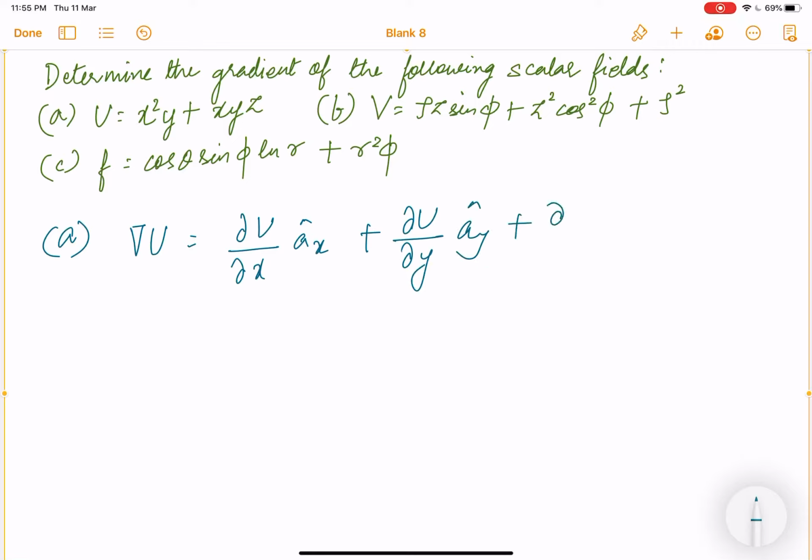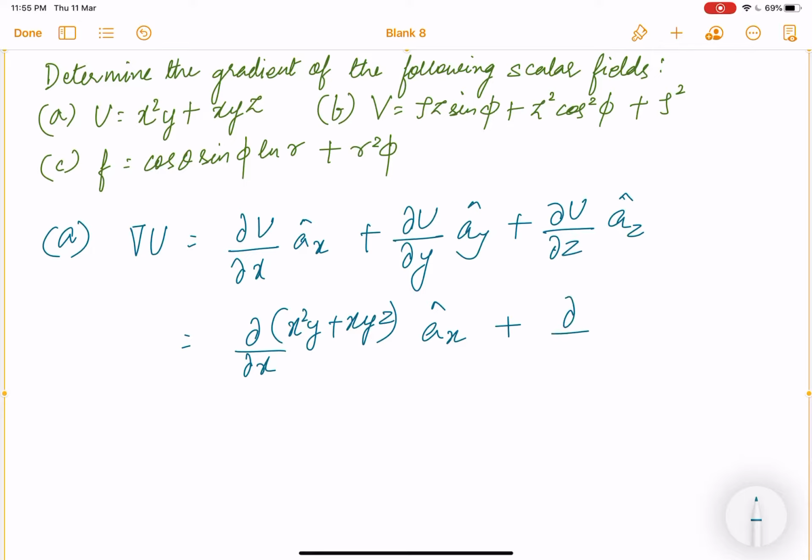Okay, so this is how you do it, and you can simply substitute x²y + xyz. If you take the gradient of a scalar quantity, the result will be a vector quantity.